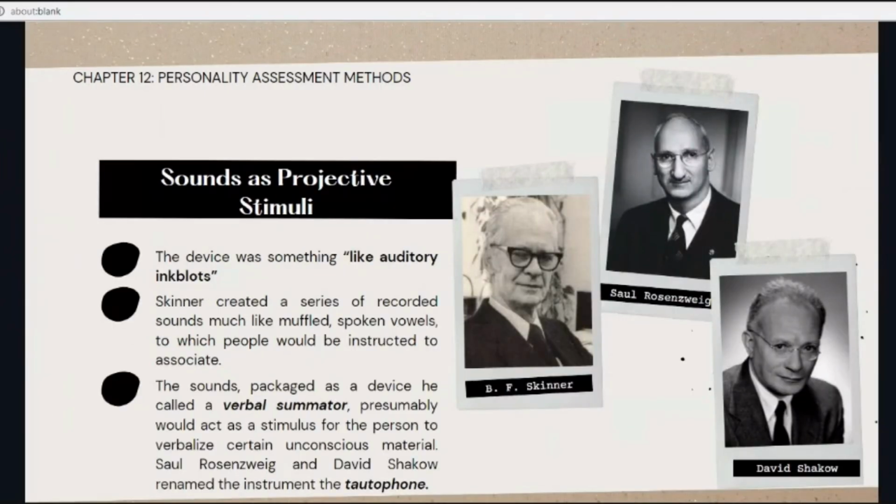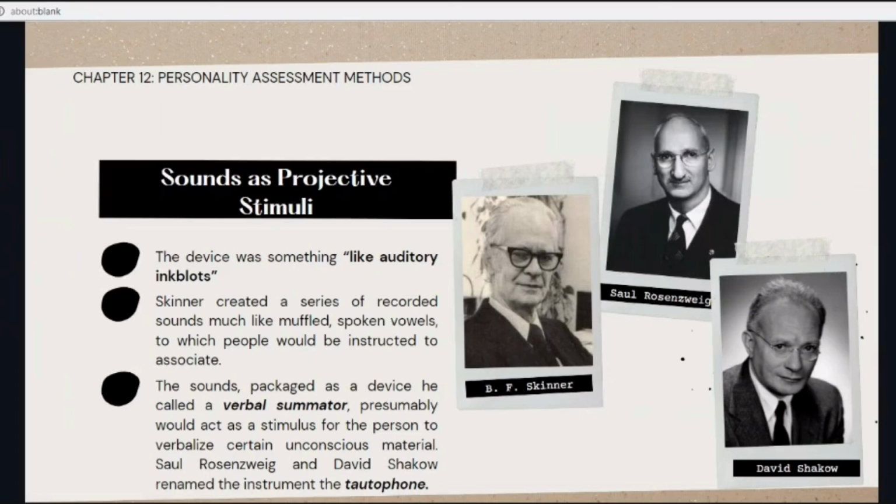Next, we have the sounds as projective stimuli. So one of the proponent here, the main proponent of this sounds as projective stimuli is very seldom lang siya ka permintin ni madungog sa katong behaviorism ng mga parts. We have B.F. Skinner.